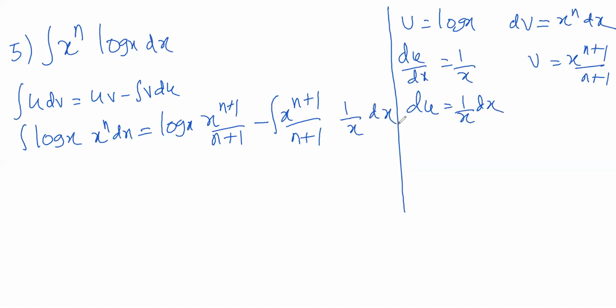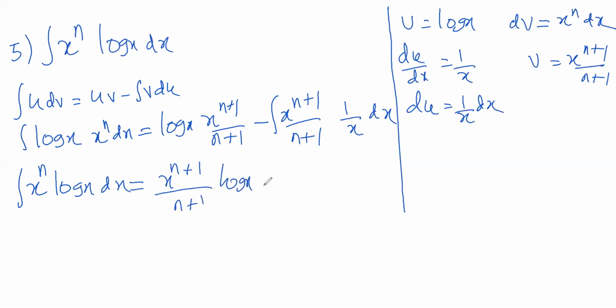Substitution over. Now rearrange the terms: integral x power n log x dx is equal to x power n plus 1 by n plus 1 into log x minus, as 1 by n plus 1 is a constant, we take it outside. See here, x power n plus 1 and here 1 by x.